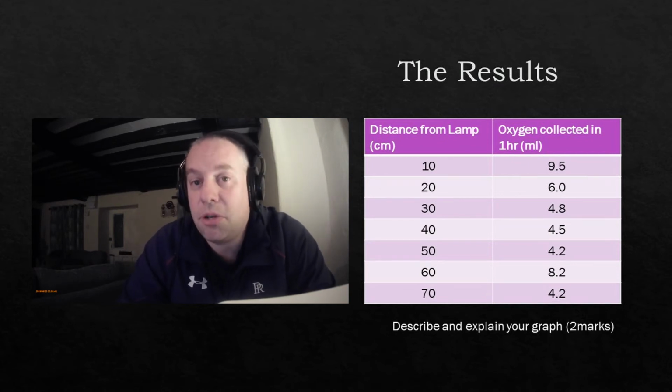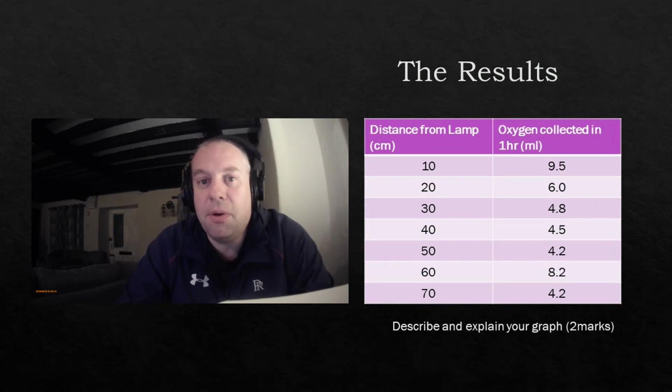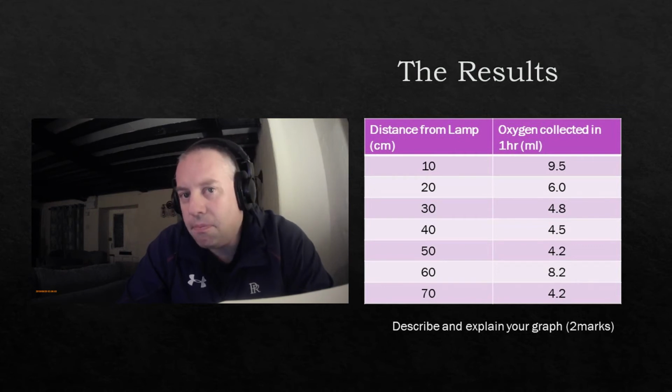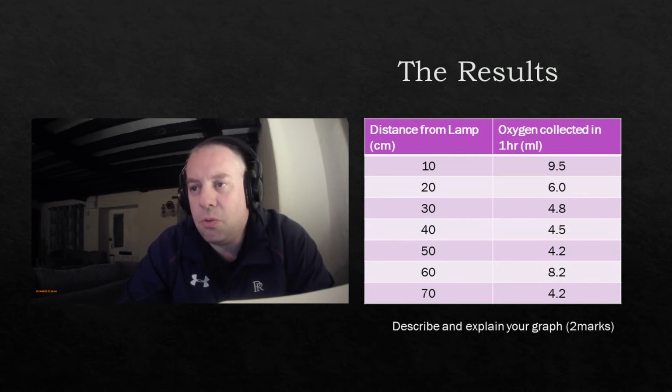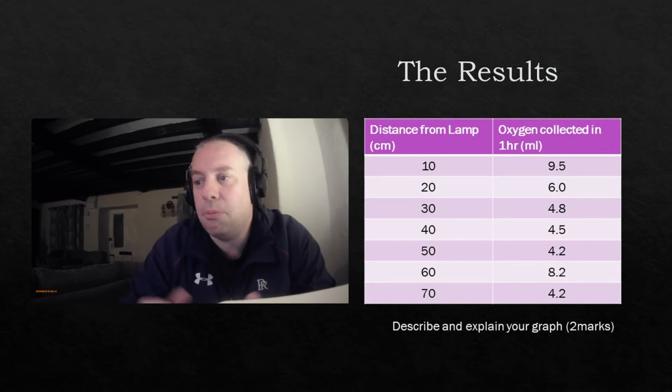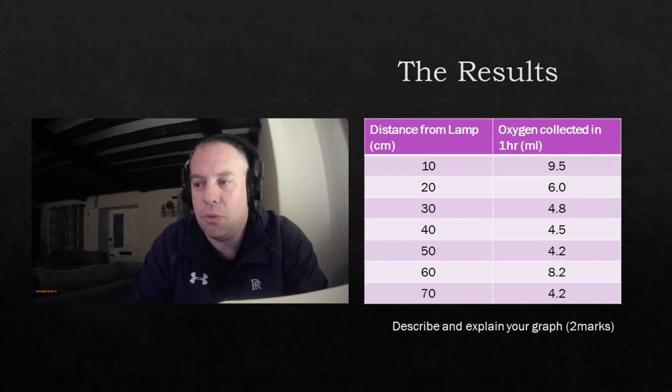A description is going to tell me whether the graph is going up or down, steeply, flatly, whether it curves or doesn't curve. My explanation tries to explain why. So this would be the further away from the lamp, and then you explain what's happening. That would be a description. This is because, there would be my explanation. So you've got the 2 bits linked to it.